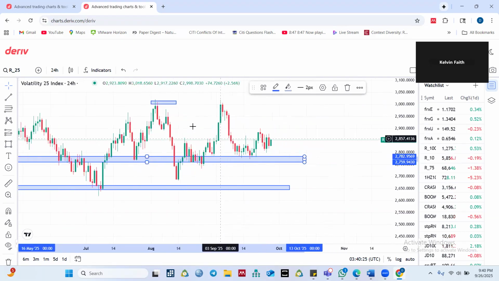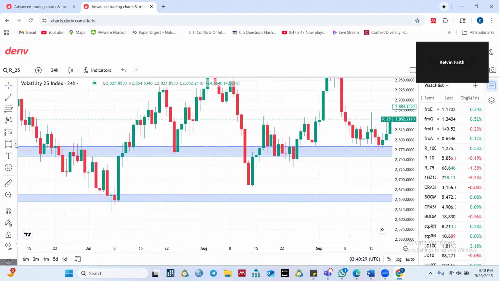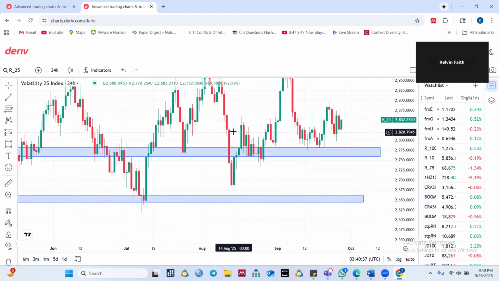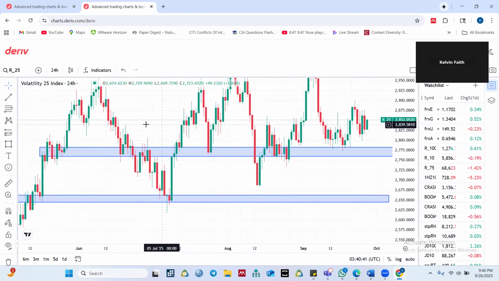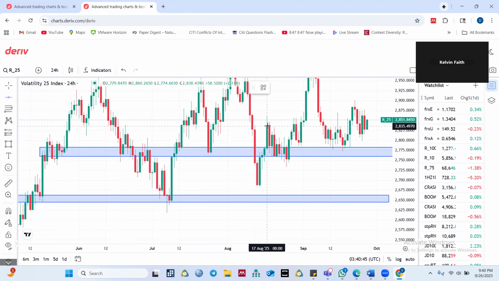And look at the bearish momentum that broke that place. The bearish momentum was big. Look at these two bearish candles. So it means that off this area, where did that bearish move start?